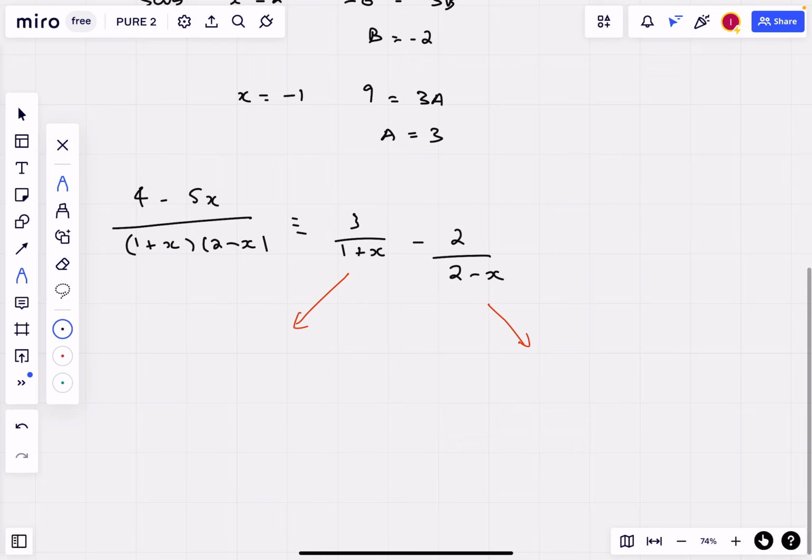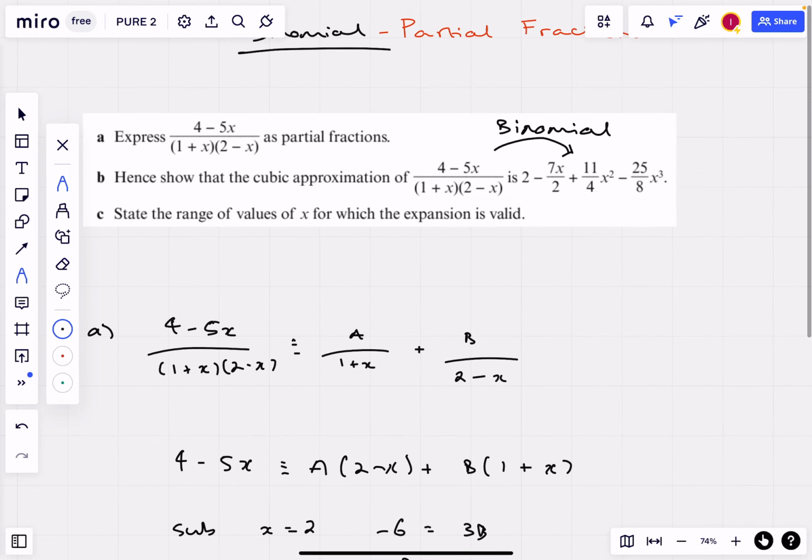You need to then apply binomial. And then, after doing that, you need to do this binomial minus that binomial. I know it's quite long. So, if you haven't done that, can you try doing that now, please?